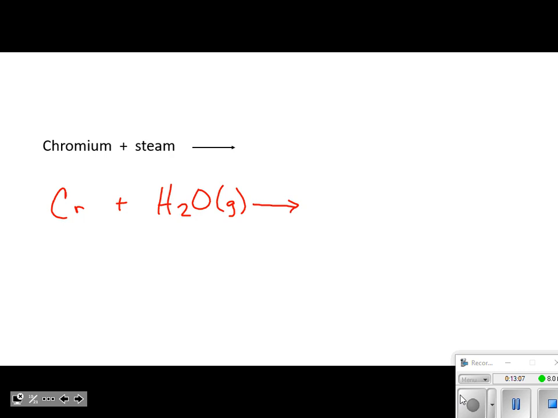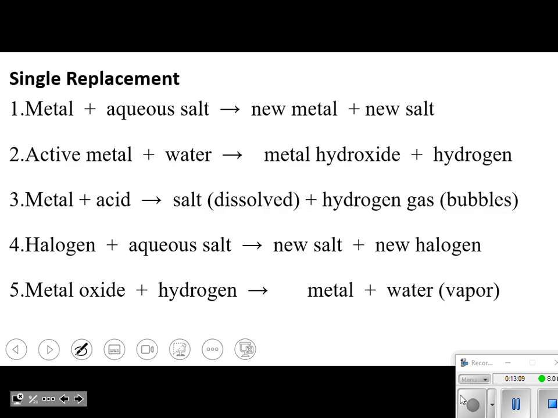Now, as I come back here, I remember something about water right here in number 2. So, as I look at this, I say, okay, do I have an active metal? Because I'm thinking that this is a single replacement number 2.